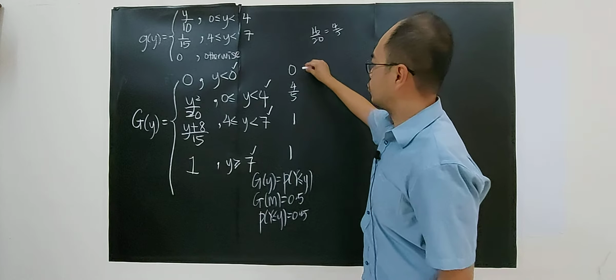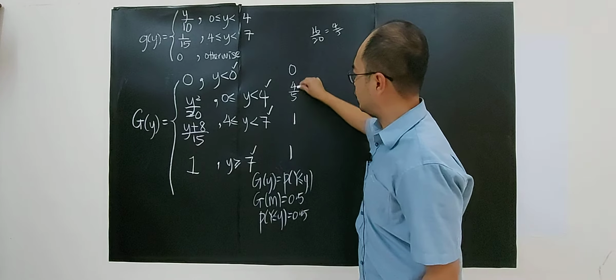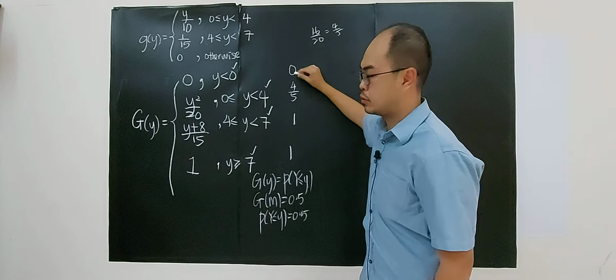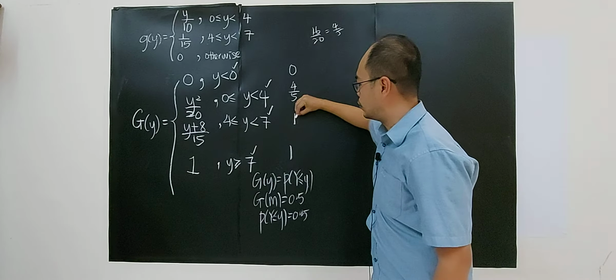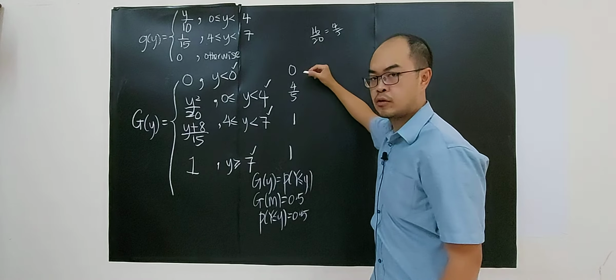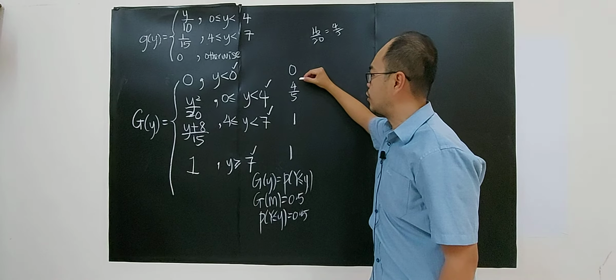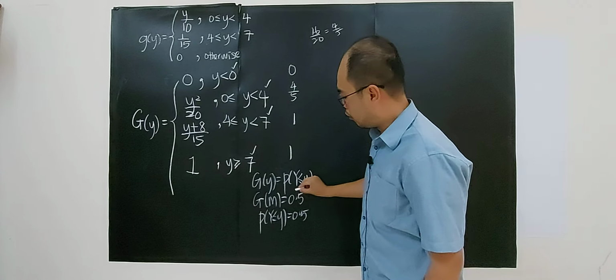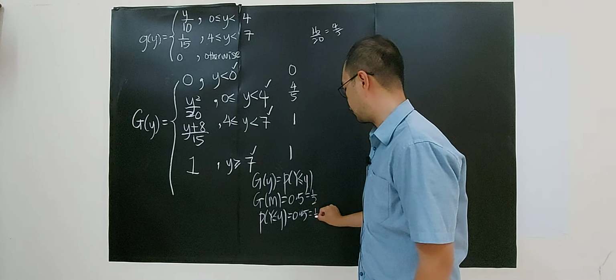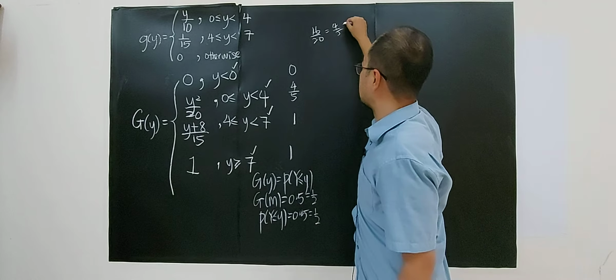So you must look at these 4 values. Starting from here, this is the first value, second value, third value, fourth value. Which one is the first value that is more than half, 0.5? Definitely 4 over 5 is already more than half.